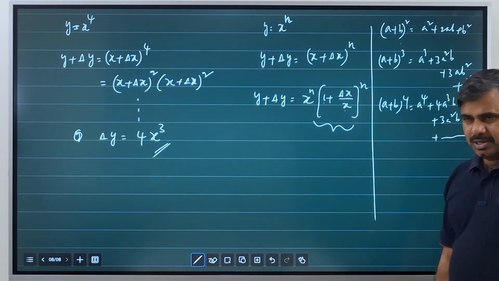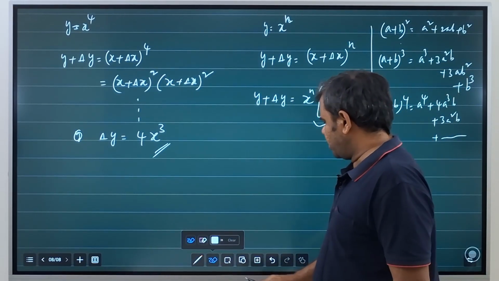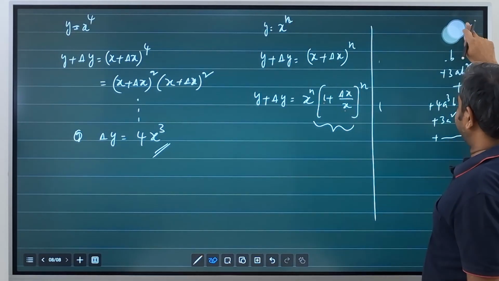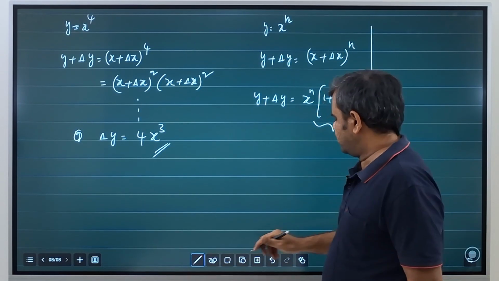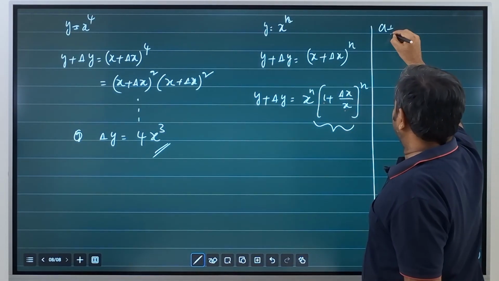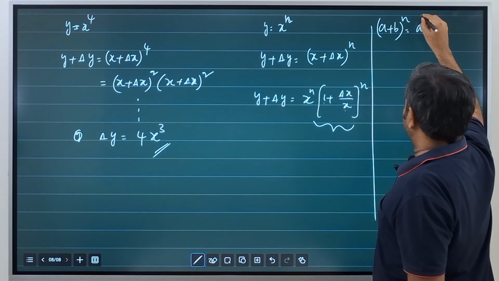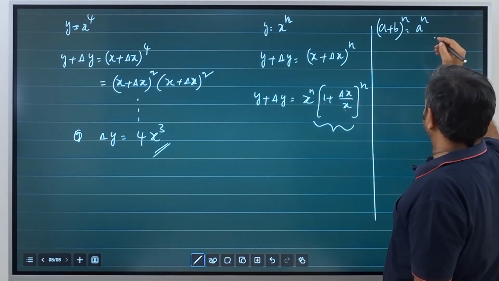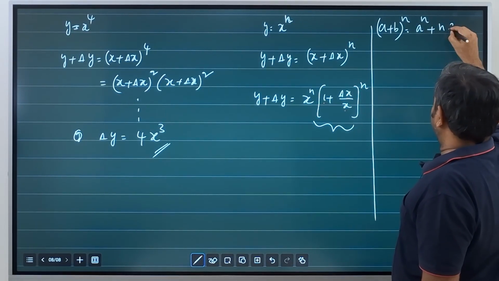So like this, we have a binomial expansion for a plus b whole power n. This is a power n plus n into a power n minus 1.